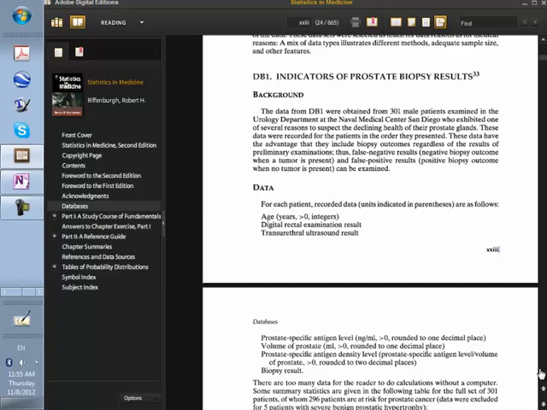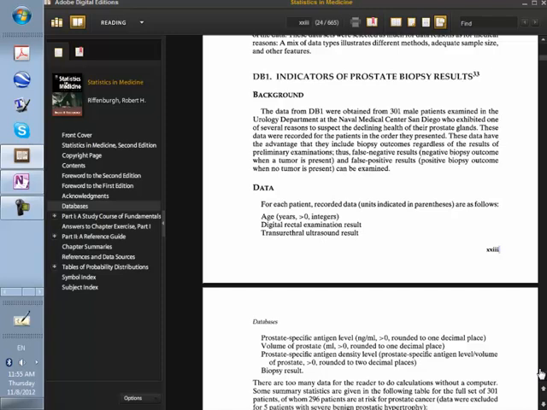These data sets have the advantage that they include biopsy outcomes, regardless of the results of preliminary examinations. We have false negative results, who have negative biopsy outcomes when a tumor is present, and false positive results, positive biopsy outcomes when no tumor is present.